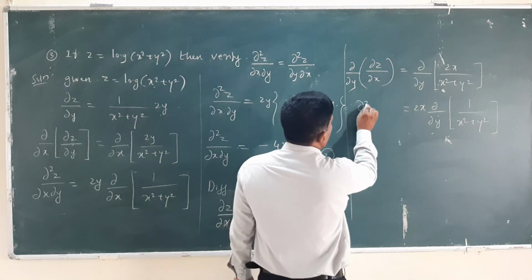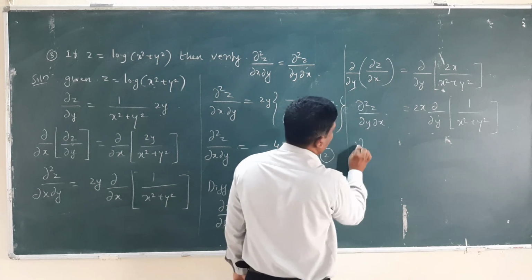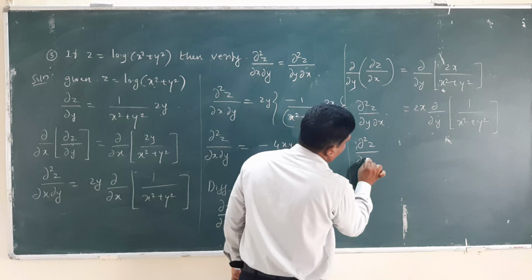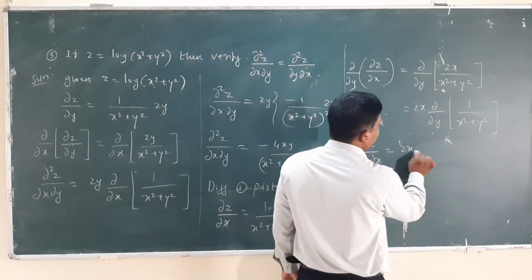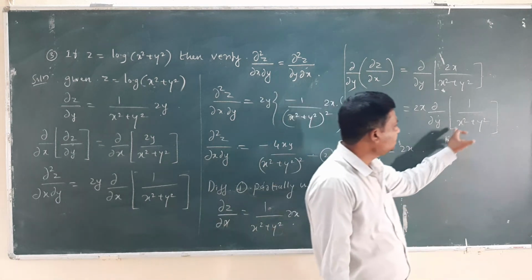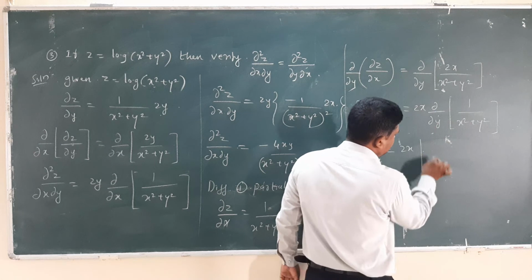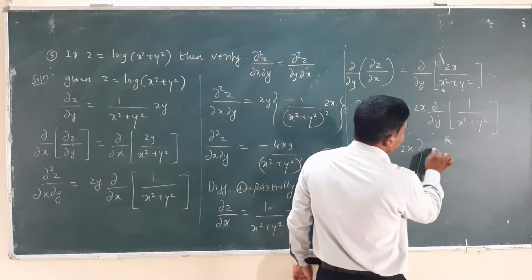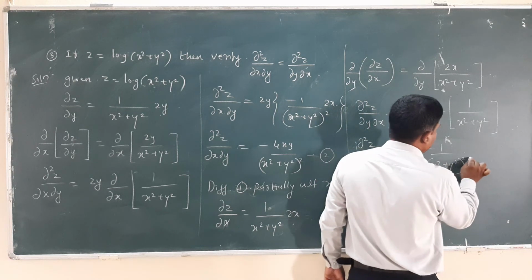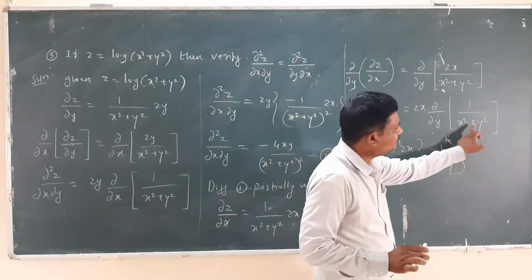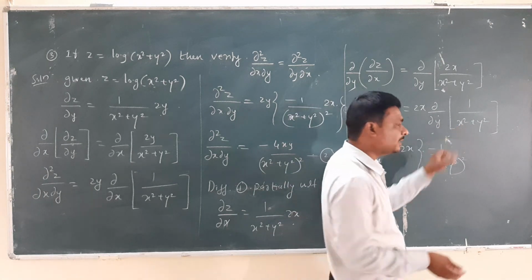So this is ∂²z/∂y∂x, which is equal to 2x is constant, again in the form of 1 upon x. The derivative is minus 1 upon (x² + y²) whole square into the derivative of x² + y², and since we are differentiating partially with respect to y, x becomes constant.